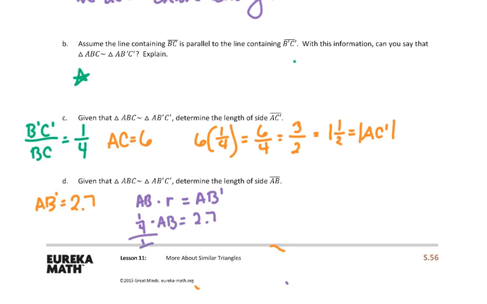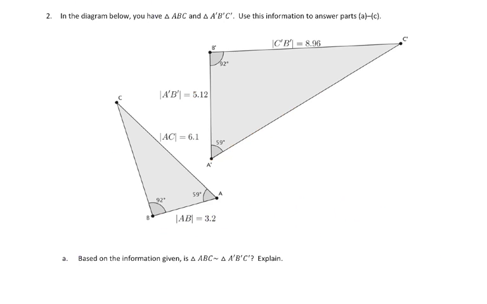And if we divide by 1/4, or we could write 2 7/10 divided by 25/100, that tells us that the side length for AB is 10 8/10 units long.